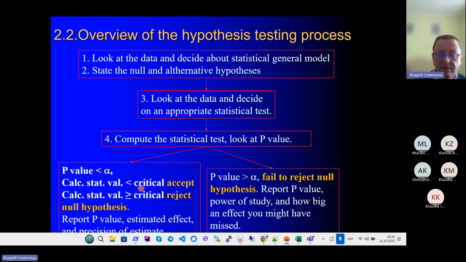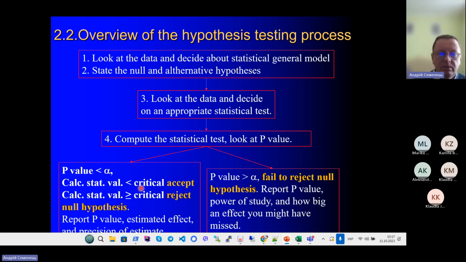If our probability of error, the significance, is greater than the margin, we can't make an exact conclusion. Too big a chance to be wrong. So we can neither reject the null, nor accept in favor of the alternative, nor accept the null. We just report the results of our study. So here is also a difficult point to say.